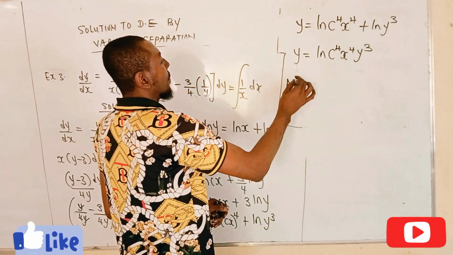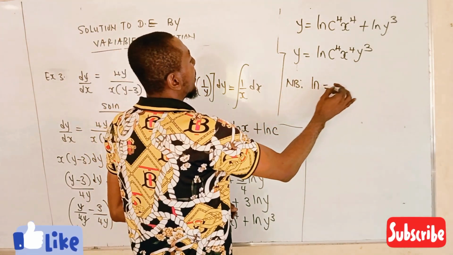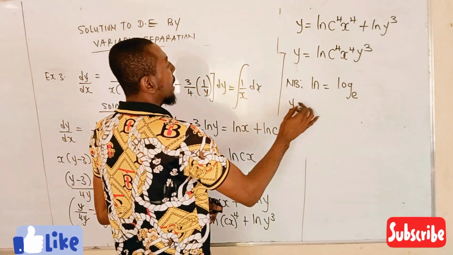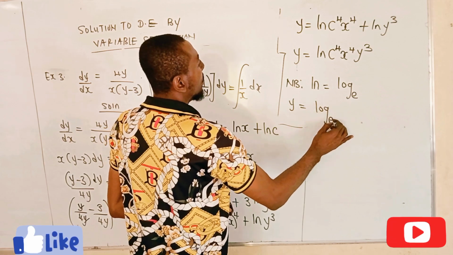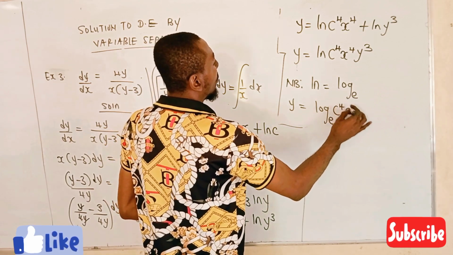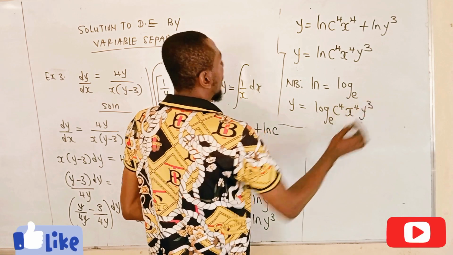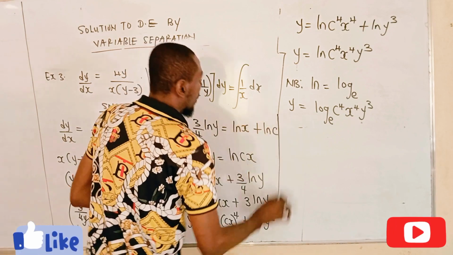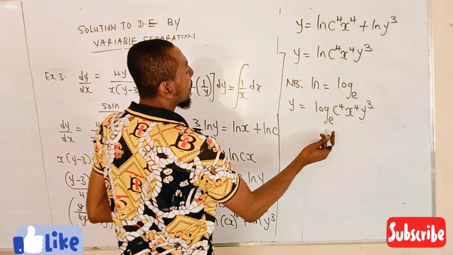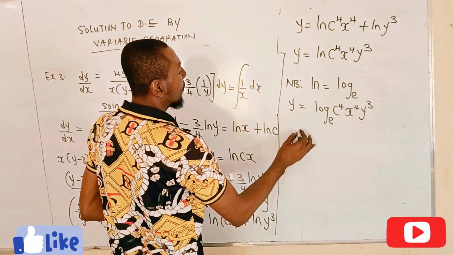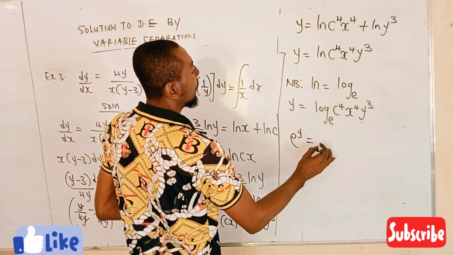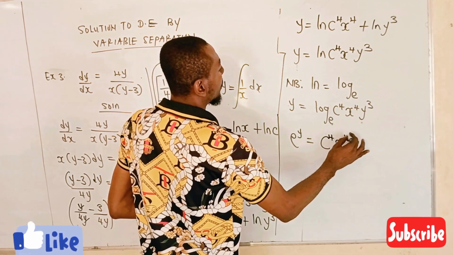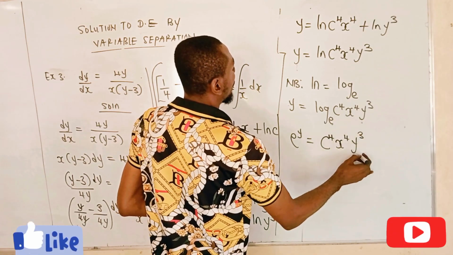Note that ln is the same thing as logarithm to the base e. Therefore, y is equal to logarithm to the base e of c raised to the power 4, x raised to the power 4, y raised to the power 3. Then according to the definition of logarithm, this is defined by exponential: e raised to y is equal to c raised to the power 4, x raised to the power 4, y raised to the power 3.